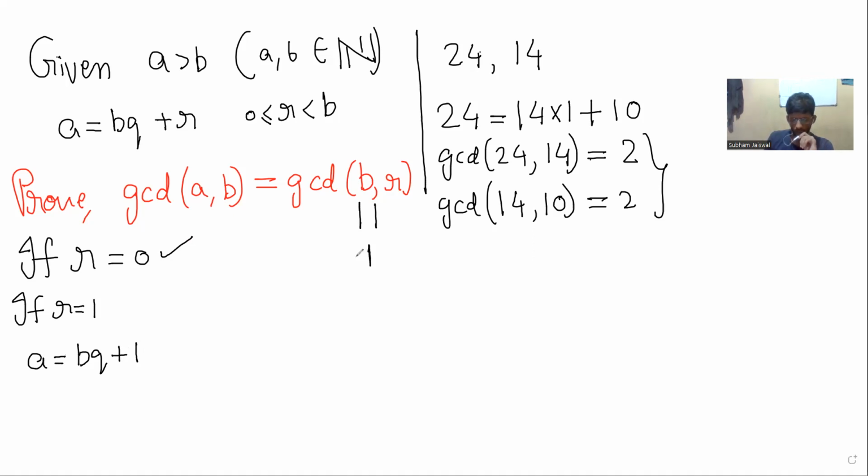Now you need to show that the GCD of A and B is also 1, right? Can you show that from this equation?